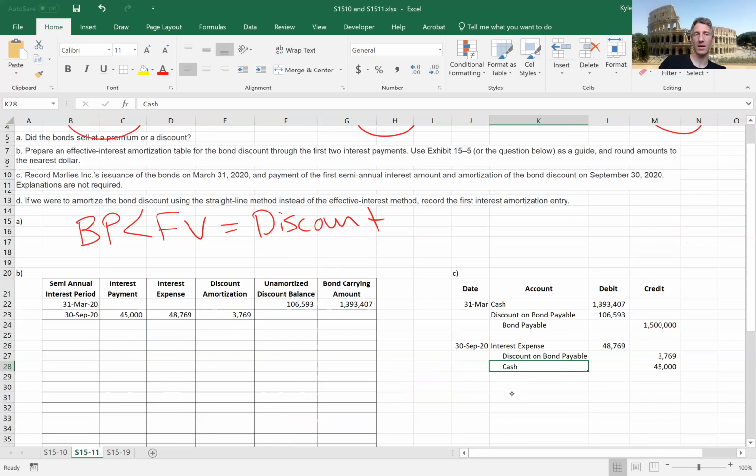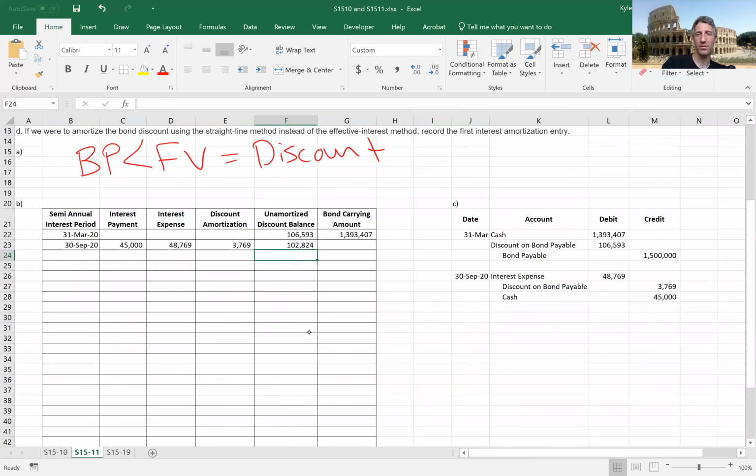So this discount on bonds payable is going to lower the unamortized discount balance. It was 106,000. Now we've just lowered it by 3,769, which means the unamortized amount is 102,824. Well, why is it lowered? Because this discount on bonds payable account is a contra account to the bond payable.